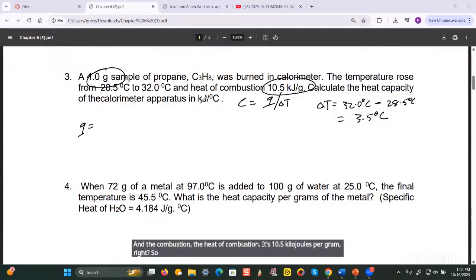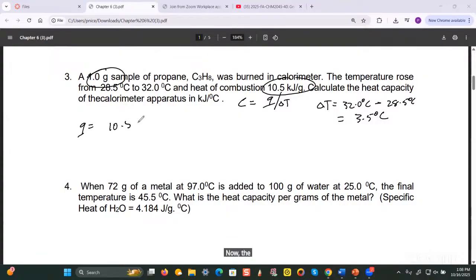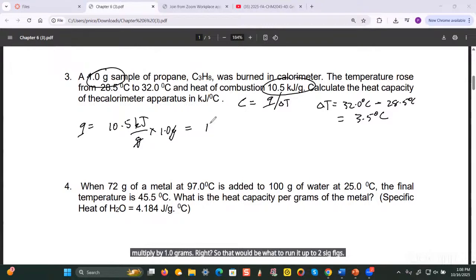So basically, to get the amount of heat, which is Q, that would be 10.5 kilojoules per gram multiplied by 1.0 grams, right? So that would be equal to, rounded off to 2 sig figs, 11 kilojoules, right?